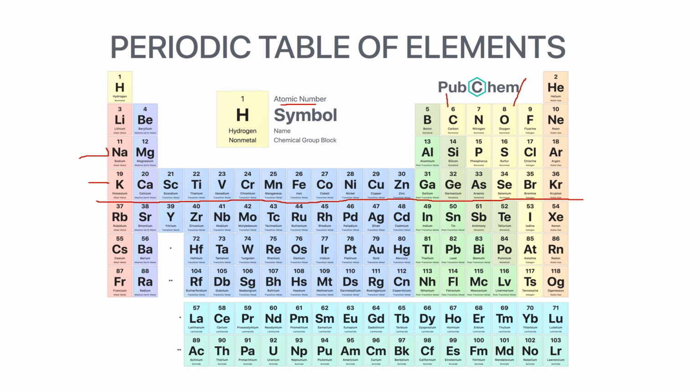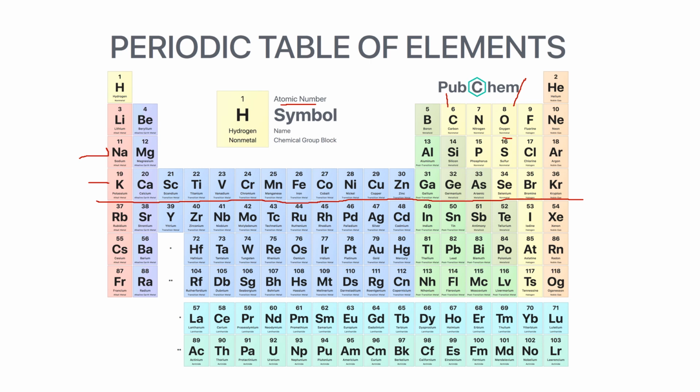If we go over here, for instance, and look at oxygen, its atomic number is 8. That means that there are 8 protons and 8 electrons. And again, the number of electrons determines how these different elements interact with one another, meaning how they bond with one another, and how they create molecules.